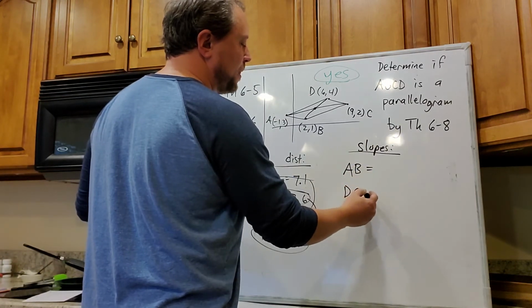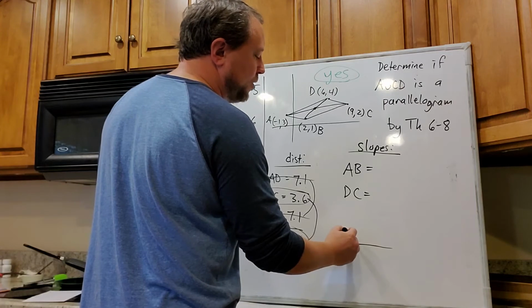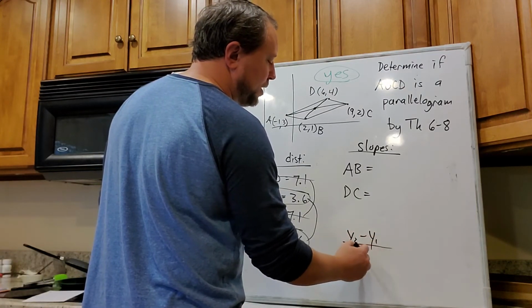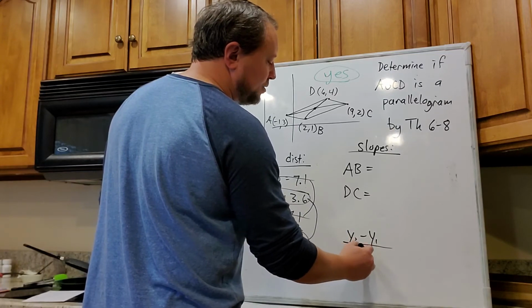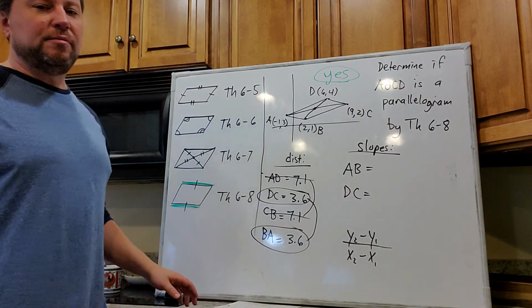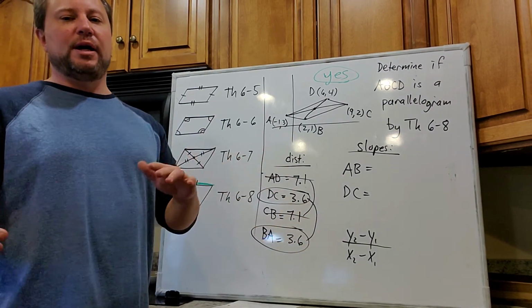slopes. If you remember right, slope is found by subtracting your y values on top, so y2 minus y1, and x values on bottom, x2 minus x1. It's very important you go in the same order on both of these, like left to right, left to right.